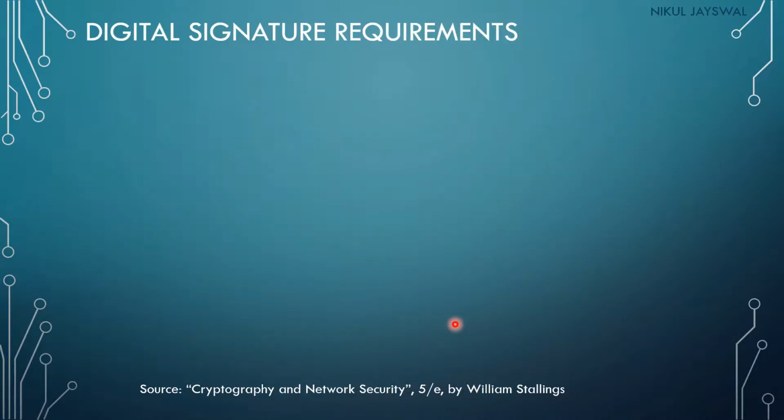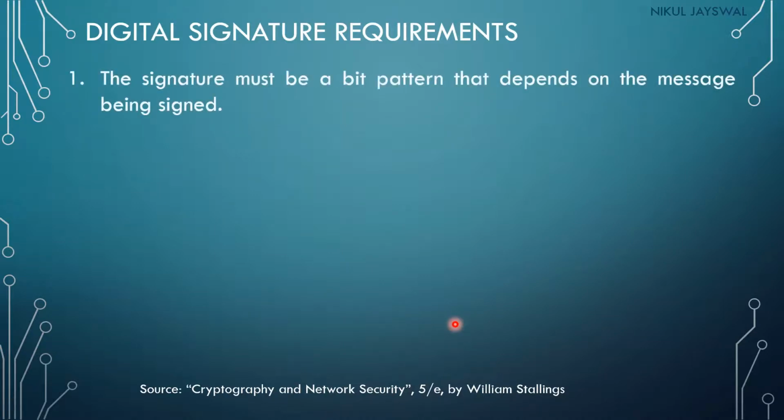Now let's discuss the digital signature requirements. These are the basic requirements that need to be addressed if we use any digital signature algorithm. So the first requirement is the signature must be a bit pattern, and it must be dependent on the message that is being signed. Clear? So every signature must be dependent on the message.